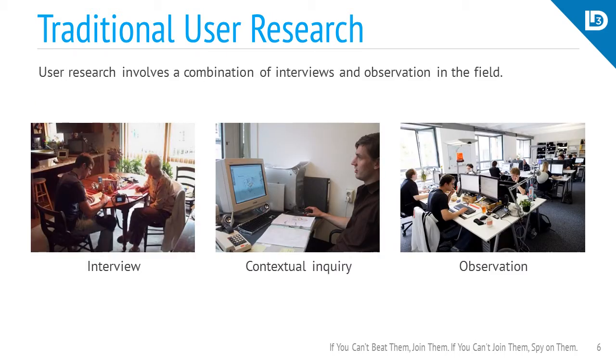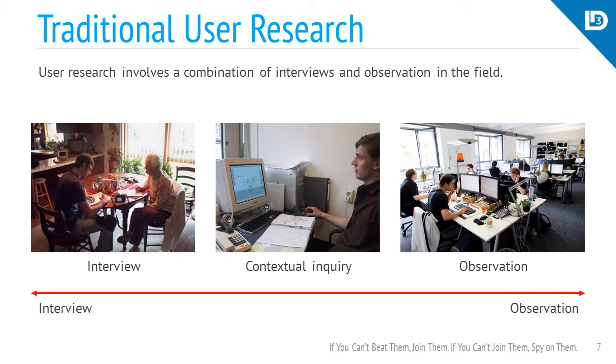with having fun. So user research really involves a combination of a spectrum, from interviews to observation in the field. We call it in the field because we're going out to where the people are. So we're going to their workplaces, to their homes, to see what they do naturally.